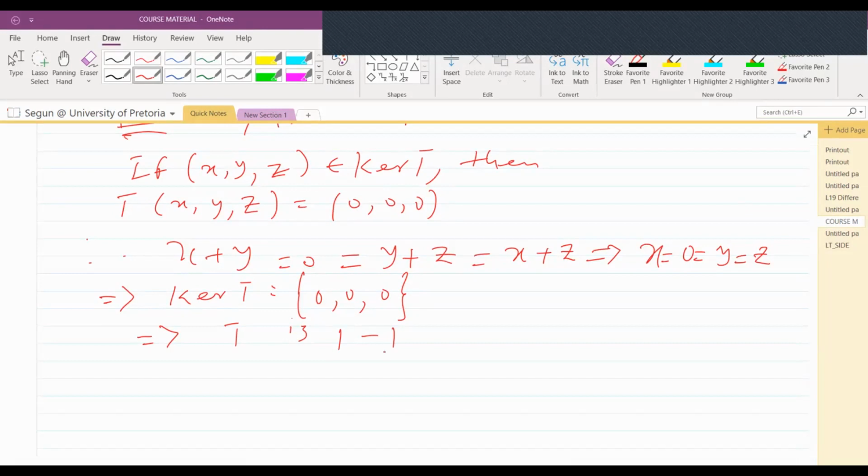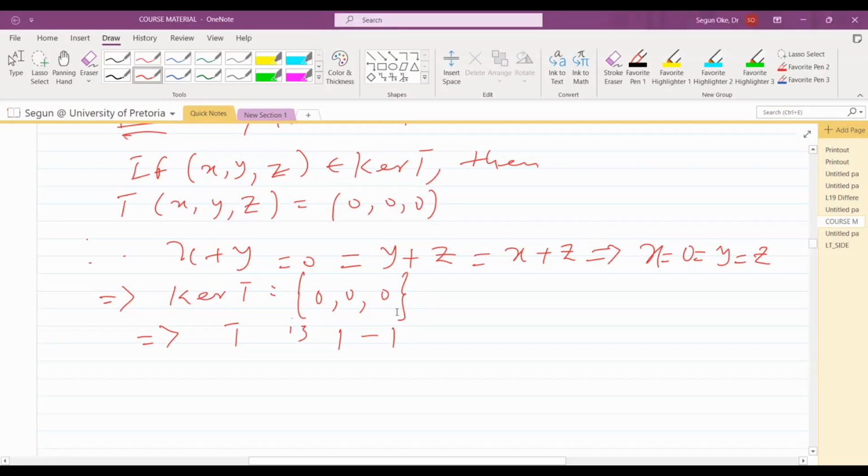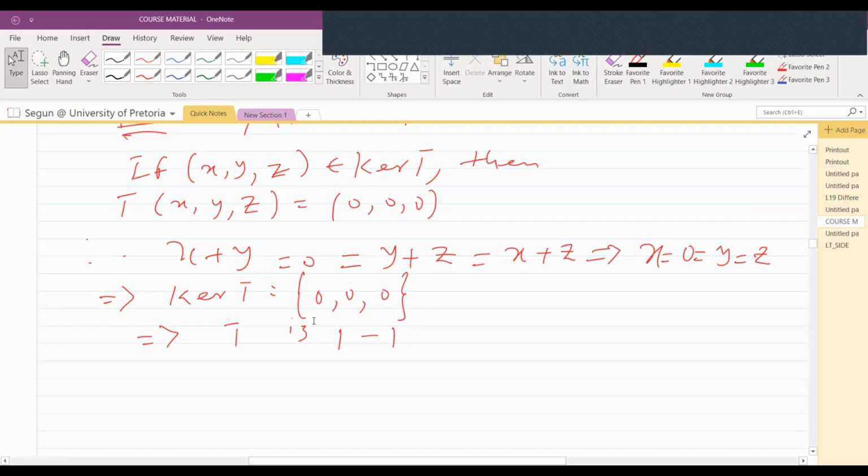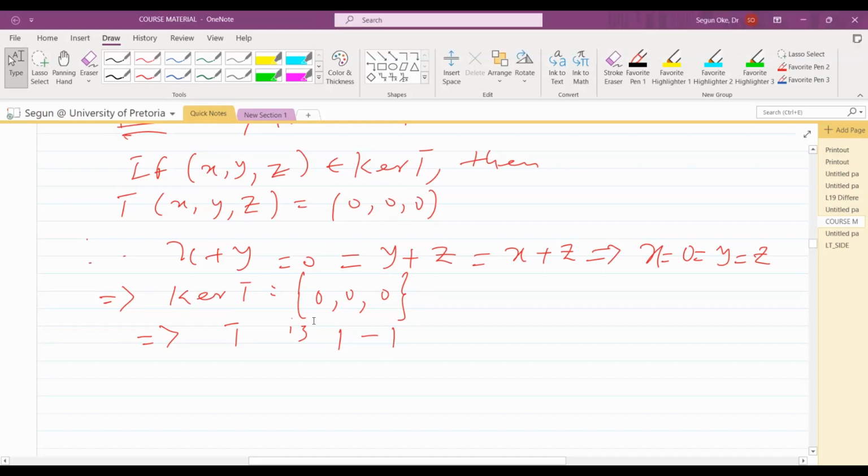Then by the theorem above that I mentioned about invertible, we can conclude at this point that the T we are working with is invertible.